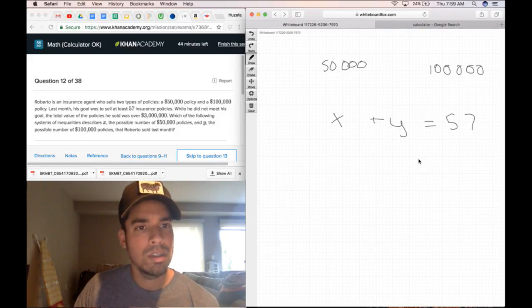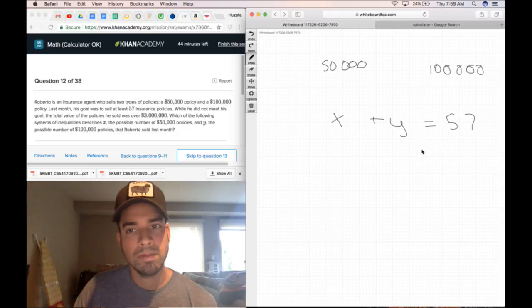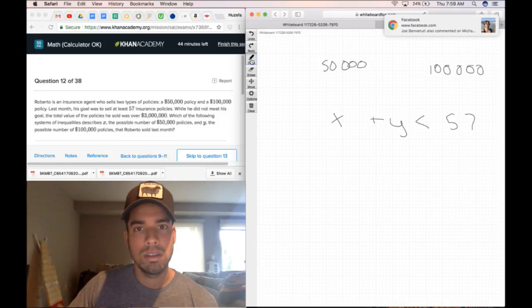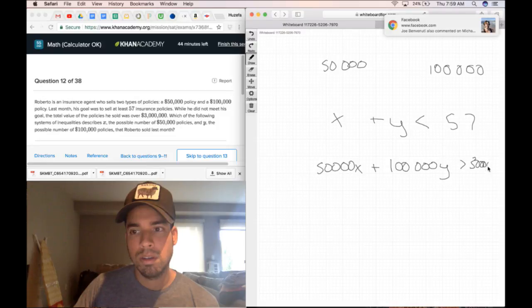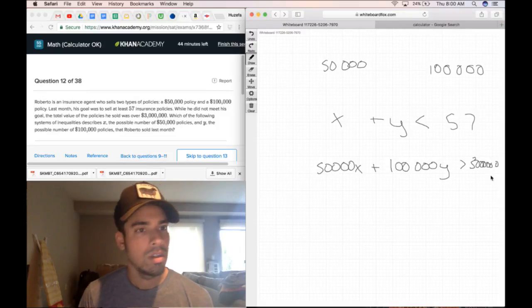The total value of his policies sold was over 3 million. So he sold less than this. But we have 50,000 x plus 100,000 y is greater than 3 million. System of inequalities, I guess.